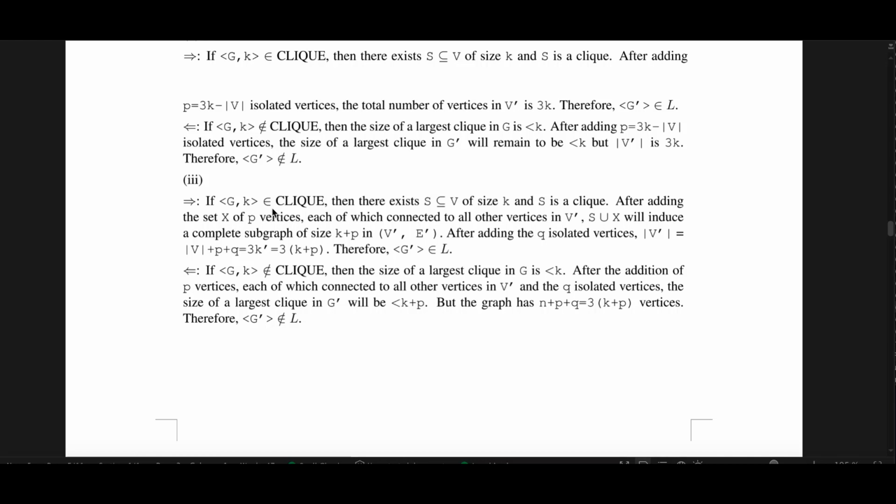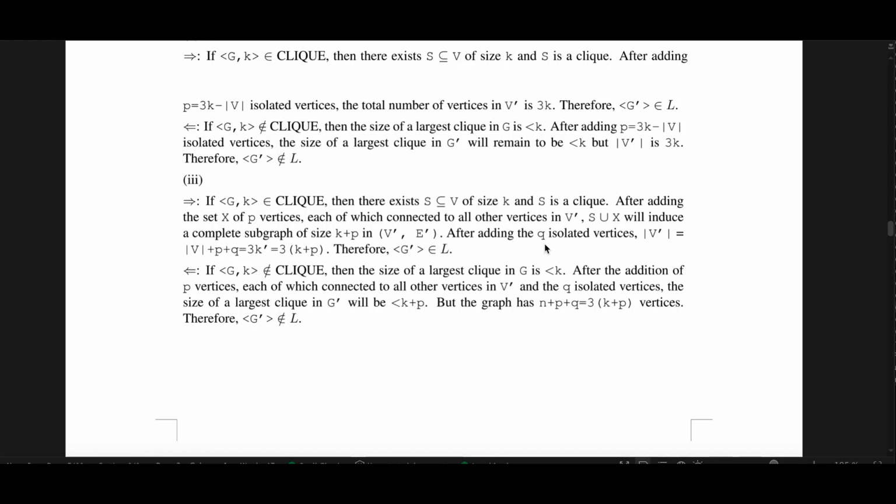And the third situation is like this. If G, k belongs to clique, then there exists S belonging to V of size k, and S is a clique. After adding p vertices, each of which is connected to all other vertices in V plus, S union X will induce a complete subgraph of size k plus p in the graph V plus, E plus.